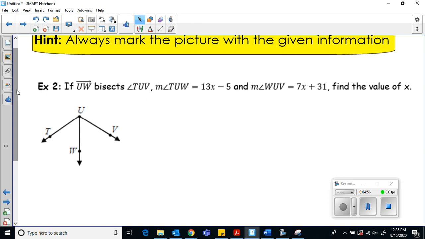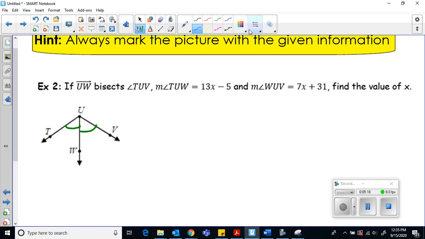And again, like we talked about, you always want to make sure you mark your picture. So if we're going to do that, we know UW bisects this angle. So UW bisects angle TUV. So we know that each side is now congruent. So make sure you mark that in the picture.